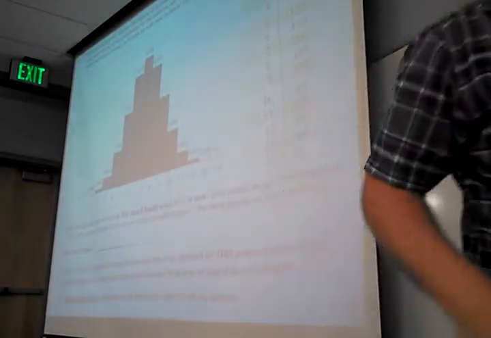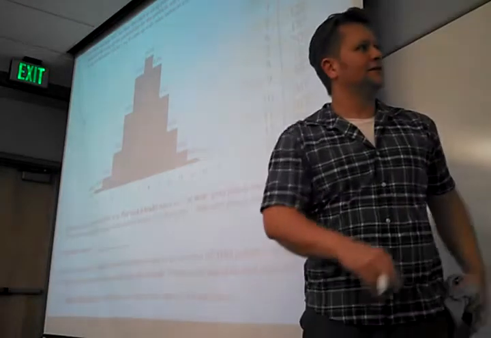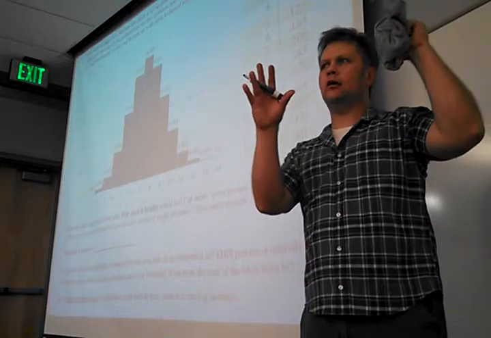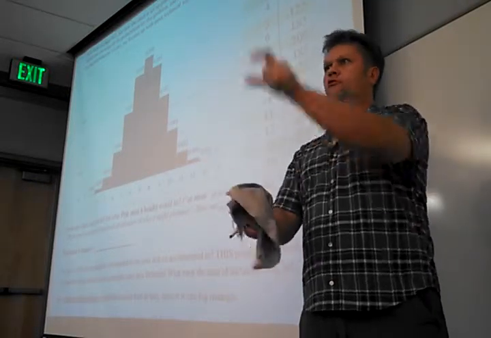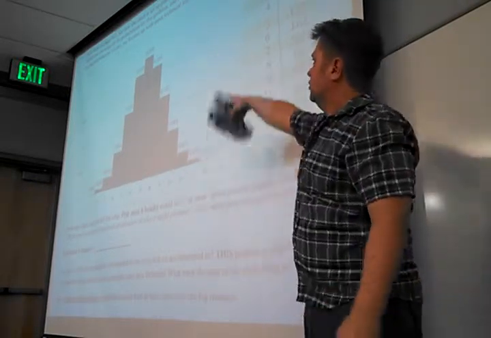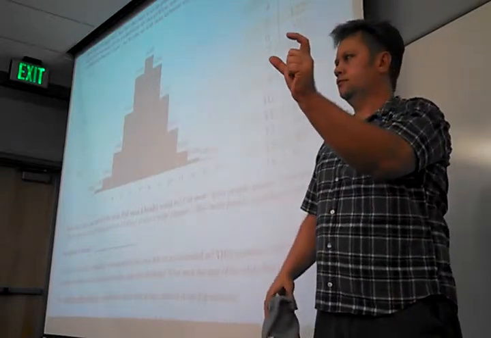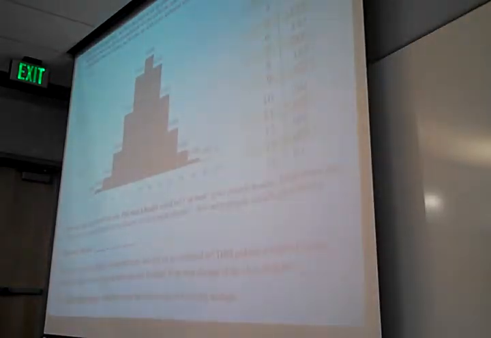Its areas are simple because they're all rectangles. This is not uniform, but its areas are still rectangles because it's really just a histogram. I could even have a triangular distribution. If I want to know the probability from this to that, I just find the area of that little triangle.